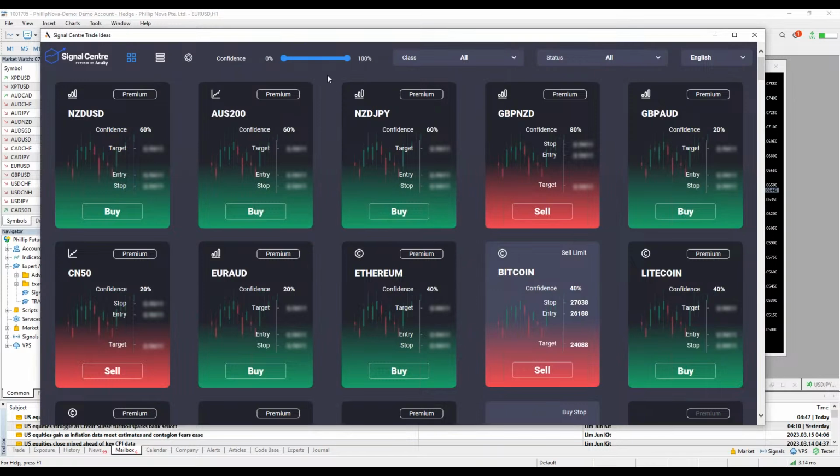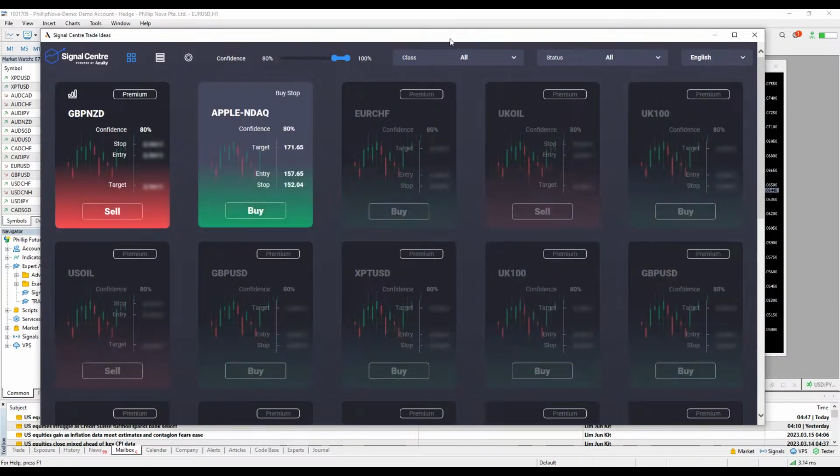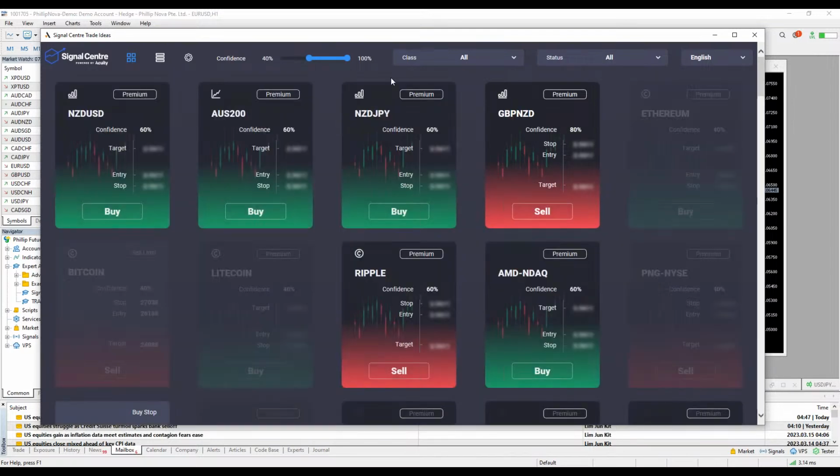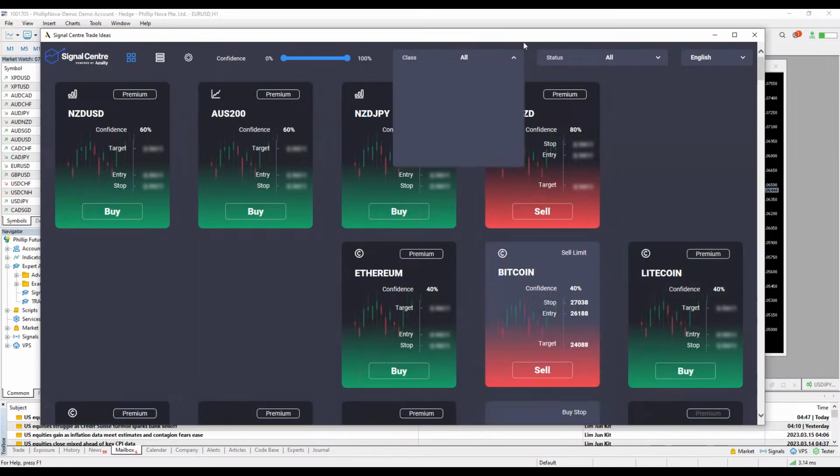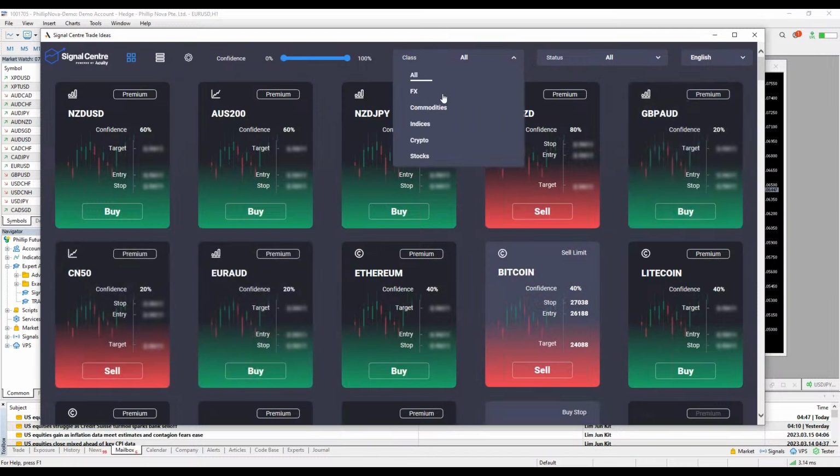You are also able to filter them based on this confidence level, and choose the asset classes that you like to see: FX, commodities, indices, stocks. These are the asset classes that we have on our platform.